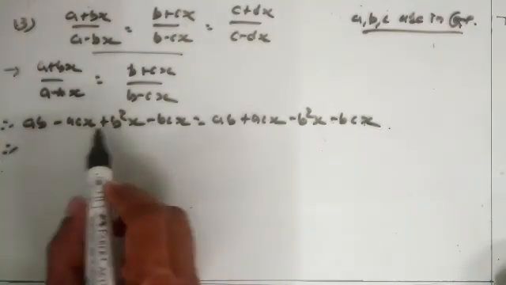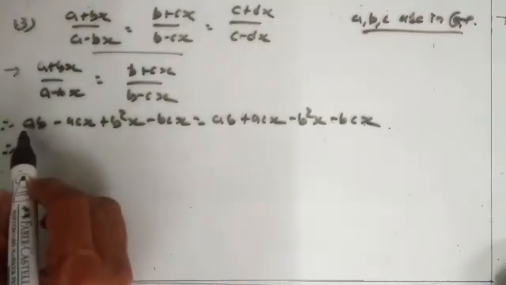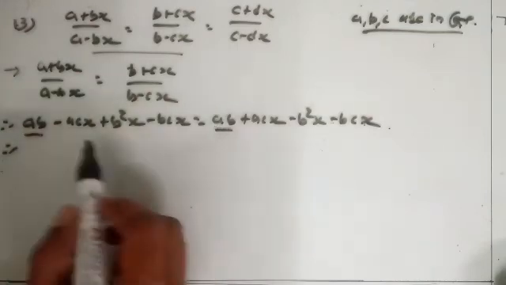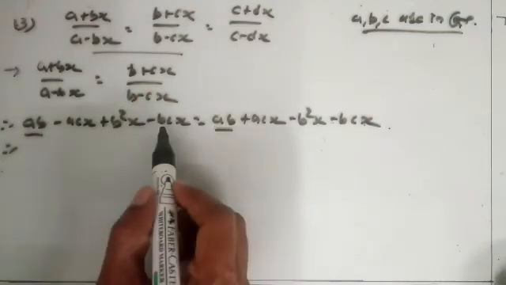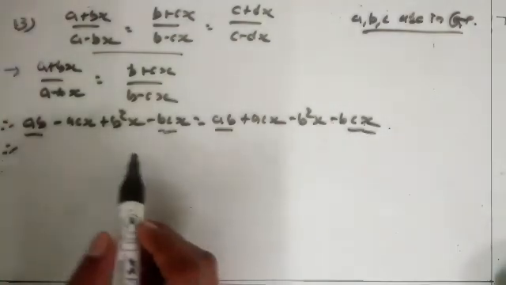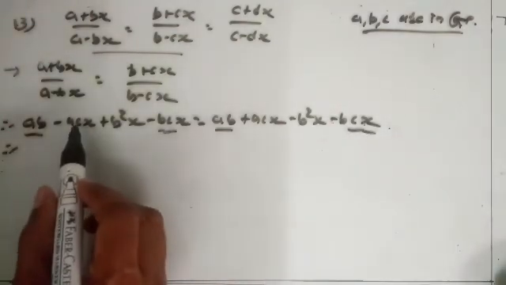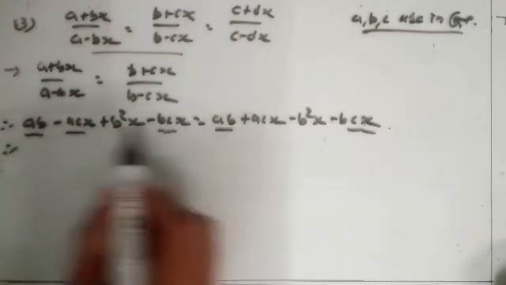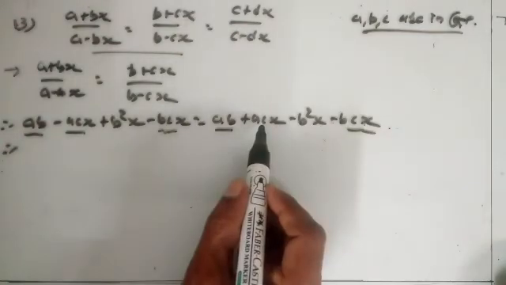So here ab from both sides cancels, then minus bcx from both sides cancels. The remaining terms: acx take this side, so it becomes 2 times acx.